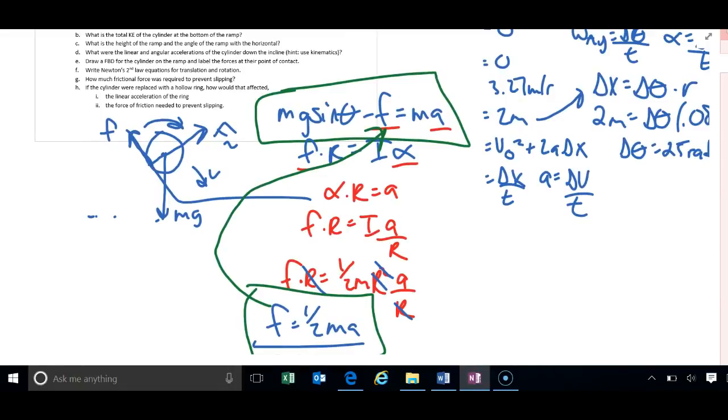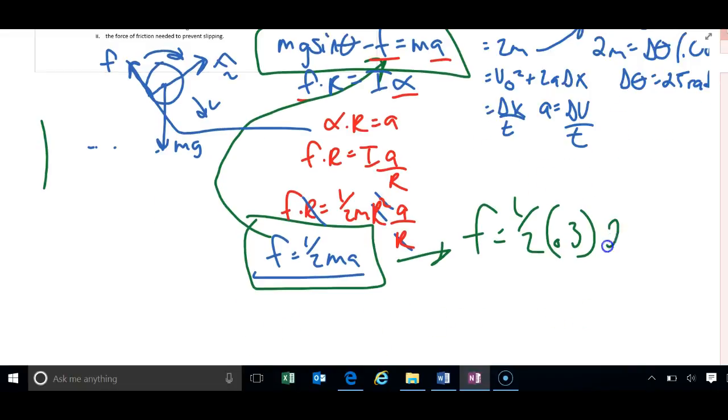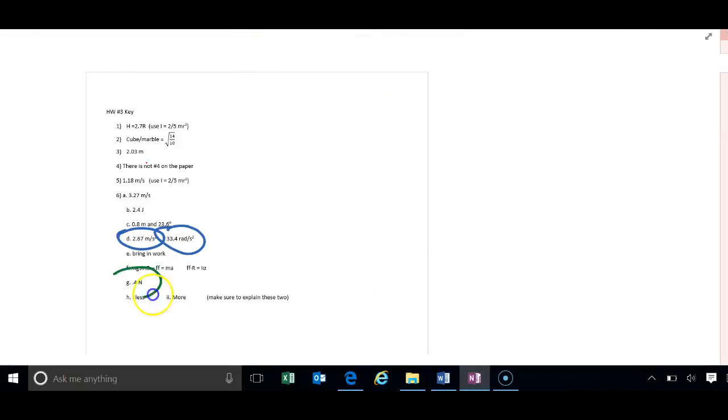Luckily, I could have done kinematics before, so this is much more simplified. So you could have used that top equation that's boxed, or this bottom equation. I'm going to use the bottom one. So friction equals half the mass, which is 0.3, times the linear acceleration, which I believe was 2.67 meters per second squared. And you get 0.4 newtons.